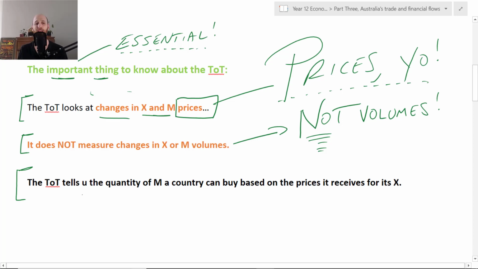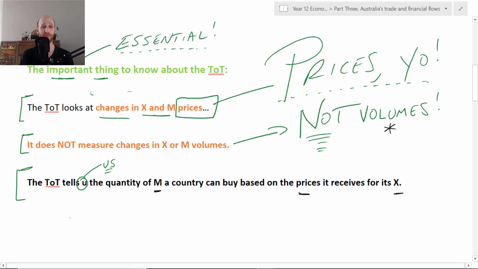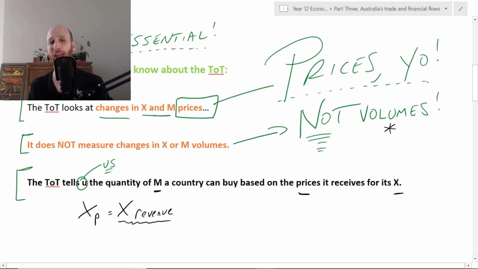Another element is that the terms of trade tells, not you, but tells us, the quantity of imports a country can buy based on the prices it receives for its exports. This is worth breaking down a little bit more. Export prices relate to export revenue. So how much money a country receives for its exports.